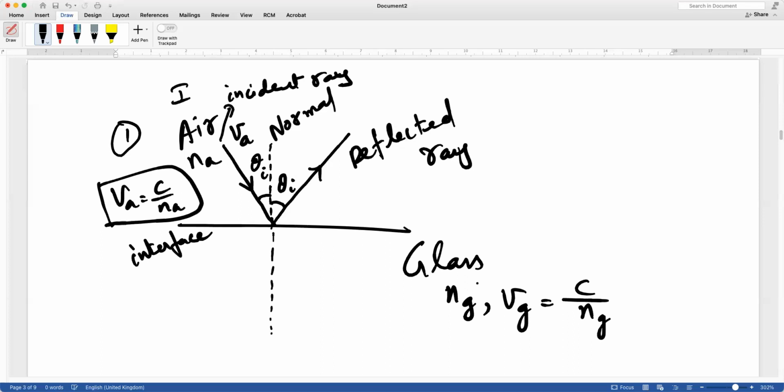Now here comes the bit of a question, whether it will go straight or trace a different path. We get that. So if this interface is not there, it would have gone straight, but in the glass, we definitely know that the Vg is going to be less than Va. Do you get that?